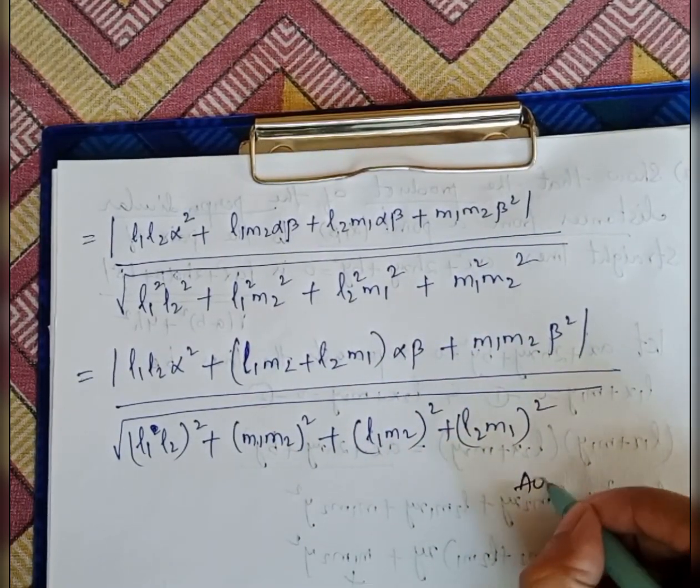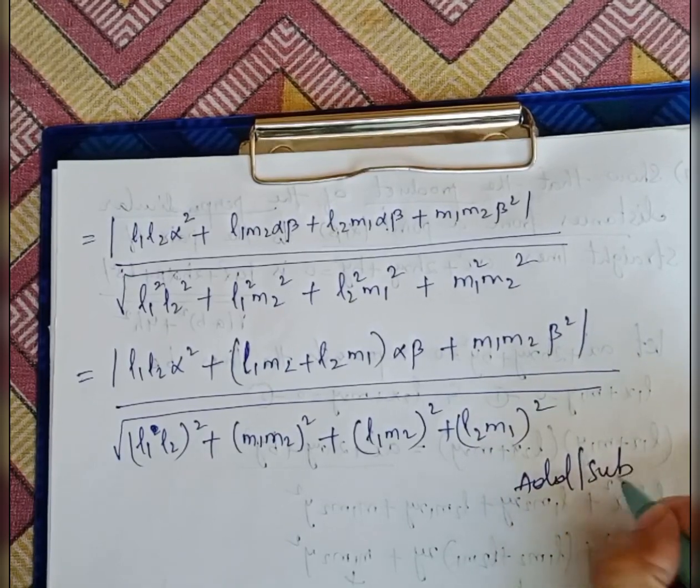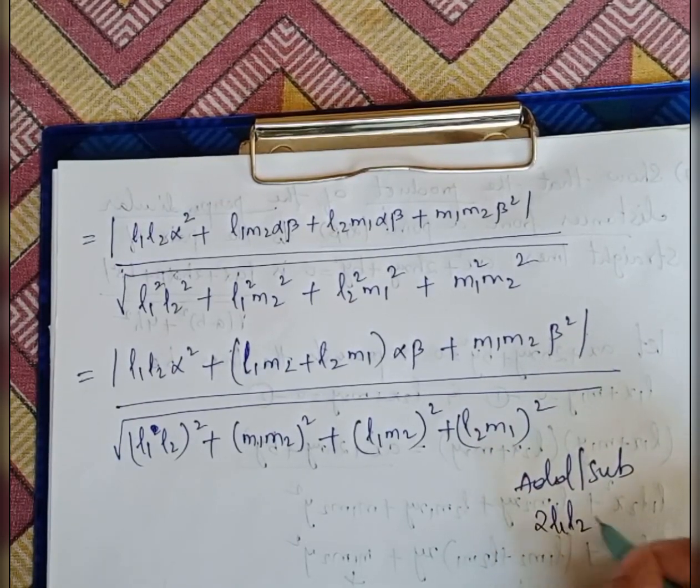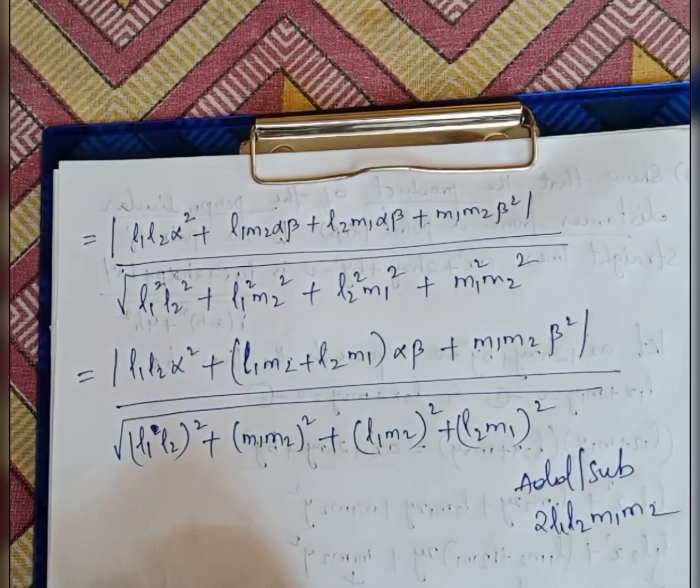Now add and subtract 2 L1 L2 M1 M2 in the denominator.